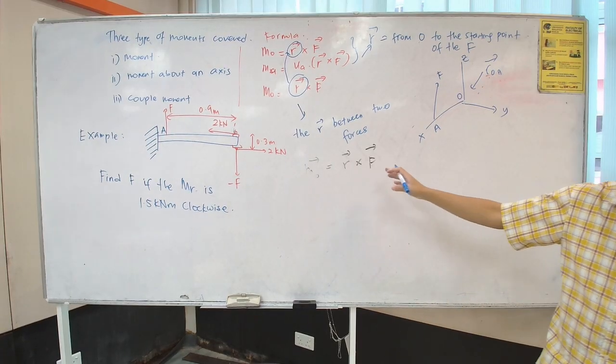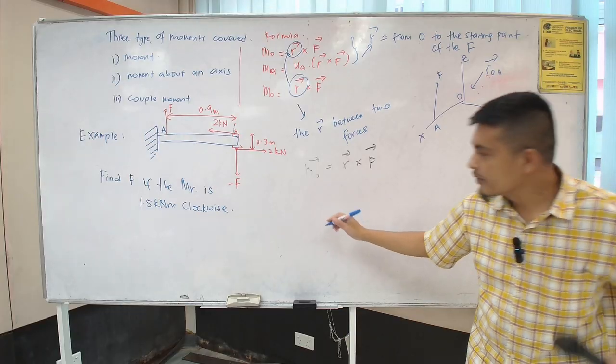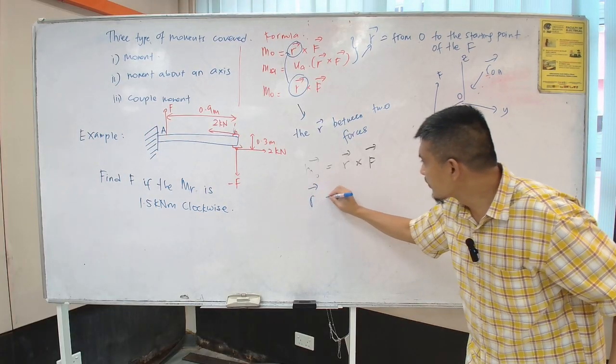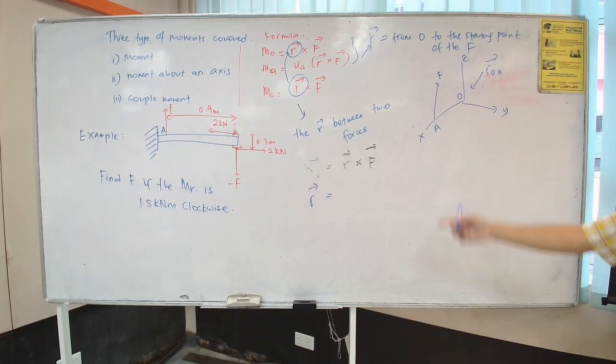Firstly, we need to find what is our R. Since this is the couple moment, we need to find the R between the two forces.